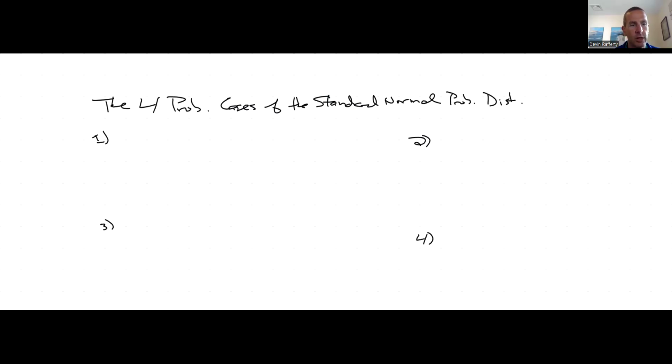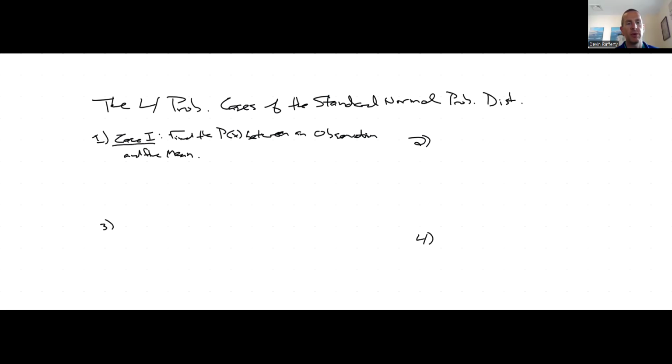Okay, so for case 1, we have to find the probability, the P of X, the probability of X occurring between an observation and the mean.